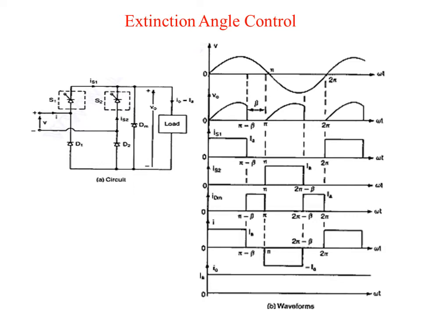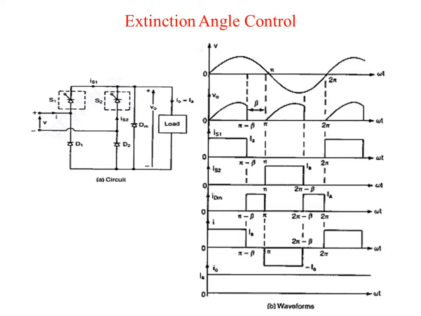The characteristics of GTOs are such that GTOs can be turned on by applying a short positive pulse to the gate, as in the case of normal thyristors, and turned off by applying a negative pulse to the gate.